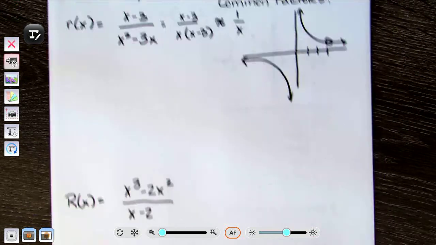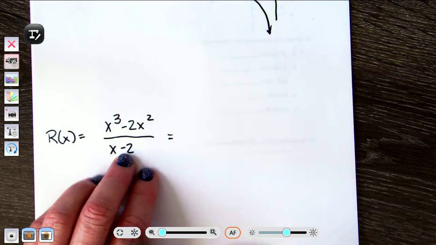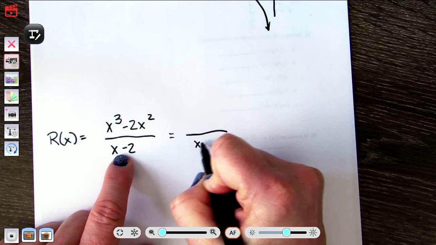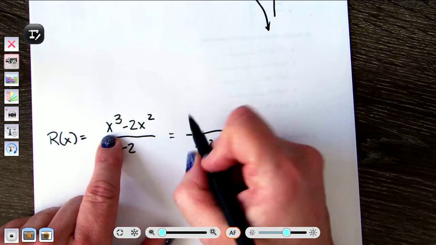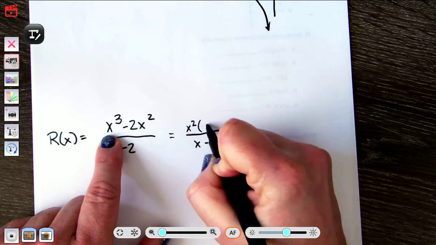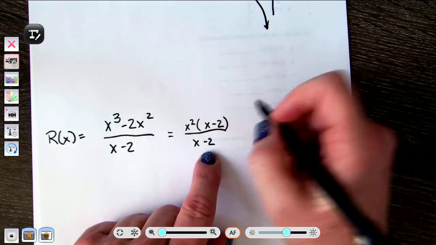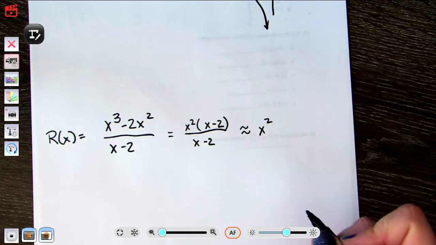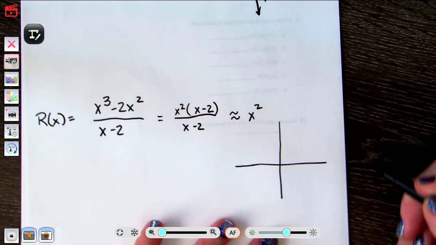We're going to do one more just so you can see it again. Again, the first step is to factor it. The bottom is already factored, and we will notice there's an x squared in there. These are made to show these sorts of things. So this is almost x squared. I know what x squared looks like. It is my parabola.